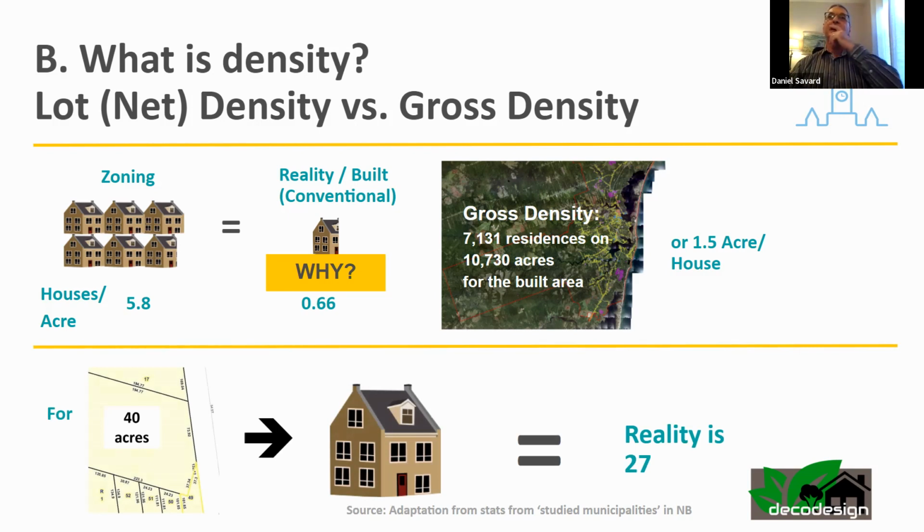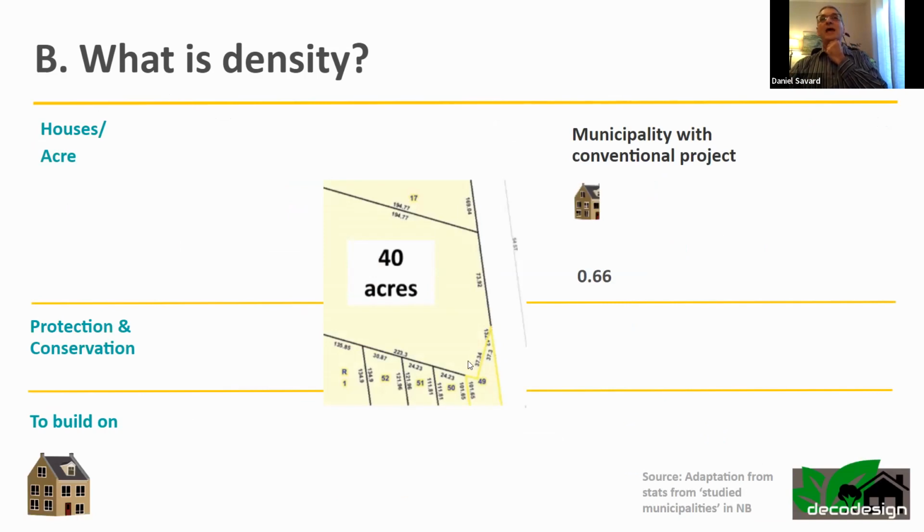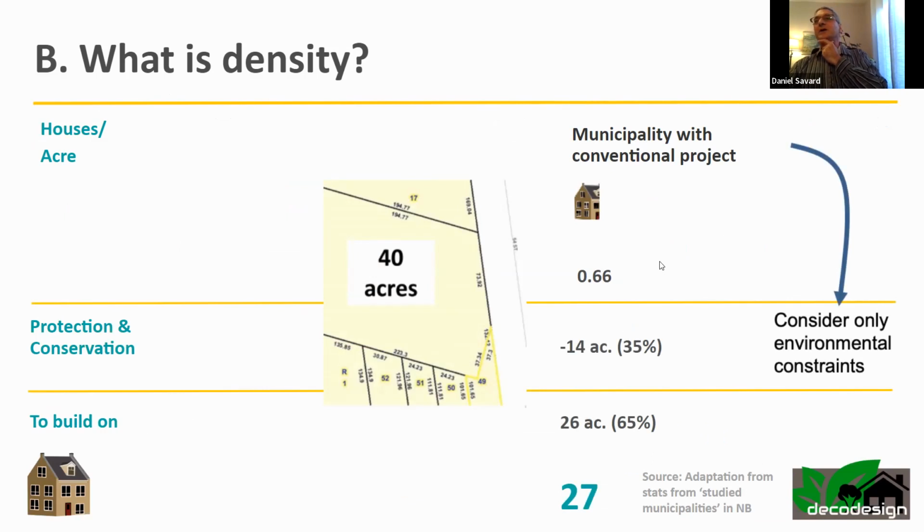So we're talking about that and we're thinking, okay, we have 40 acres. My municipality in reality is talking about 0.66 house per acre. And if we consider only the environmental constraints, that would be the floodplain, the wetlands, basically the unbuildable areas of the property we want to subdivide.